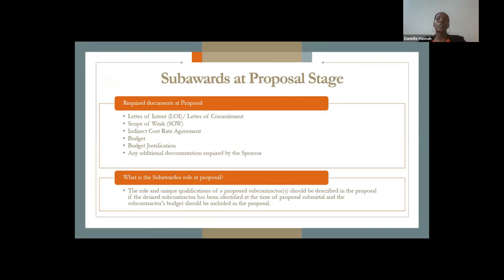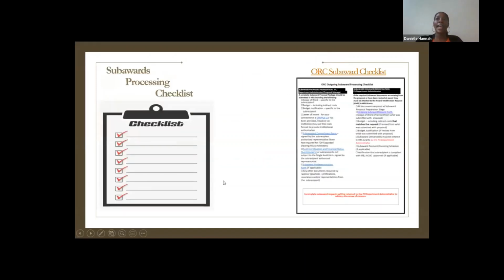I know at our institution, we have a couple additional documents that we require at proposal stage, and that includes a subaward checklist. So we give these out to our departments, our internal departments only. We give these out internally, but it's like a checklist of things we require at the different stages throughout the subaward process.